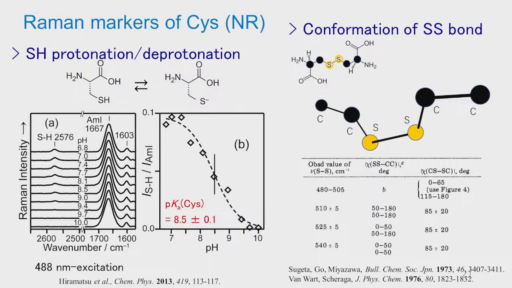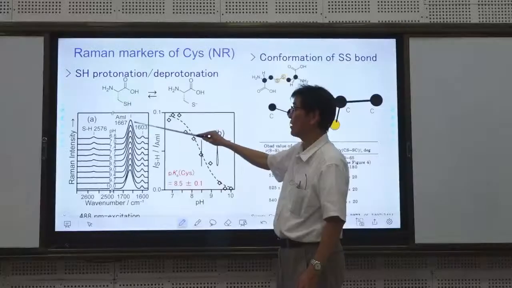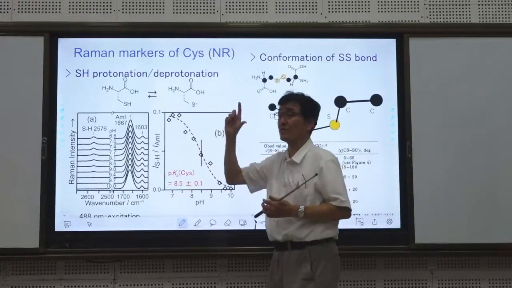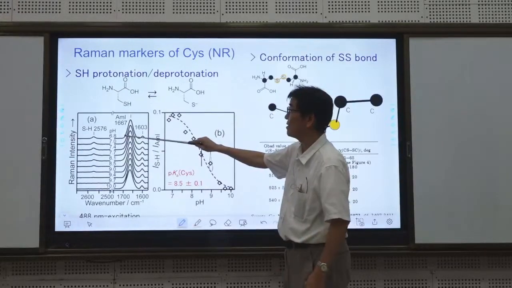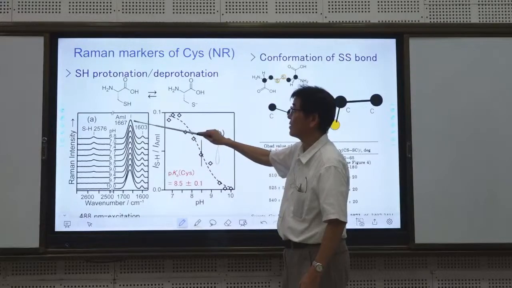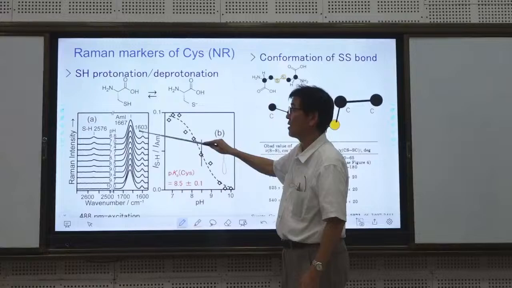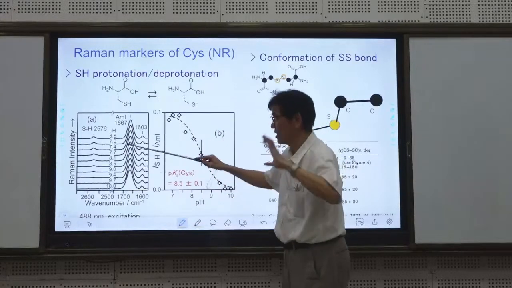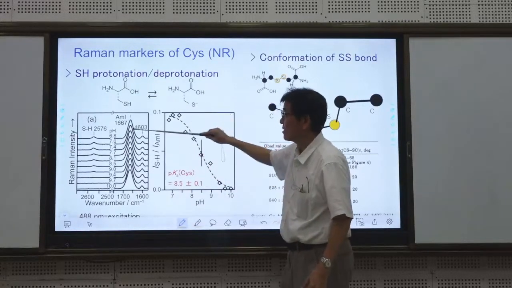So this is an example of detection of the deprotonation along with the pH change. There is an amide 1 band that is a CO stretching, and it can be used as a marker band to normalize the intensity.